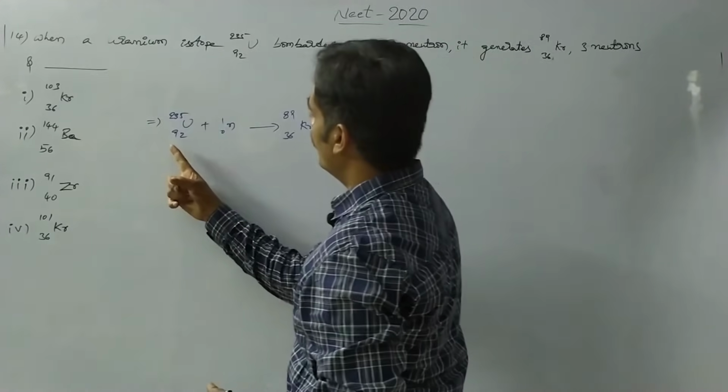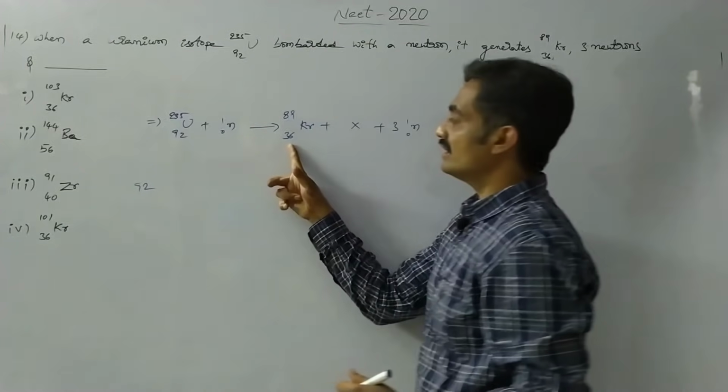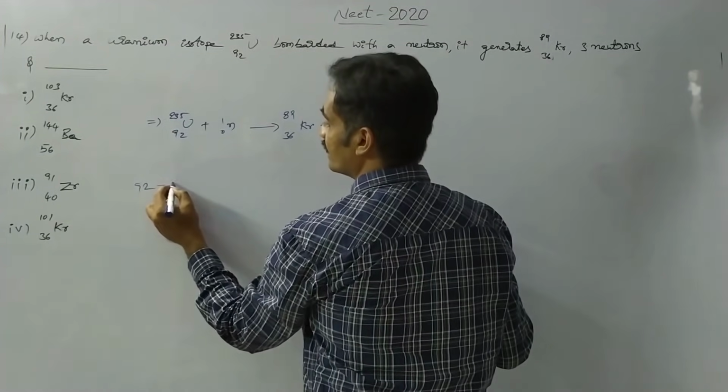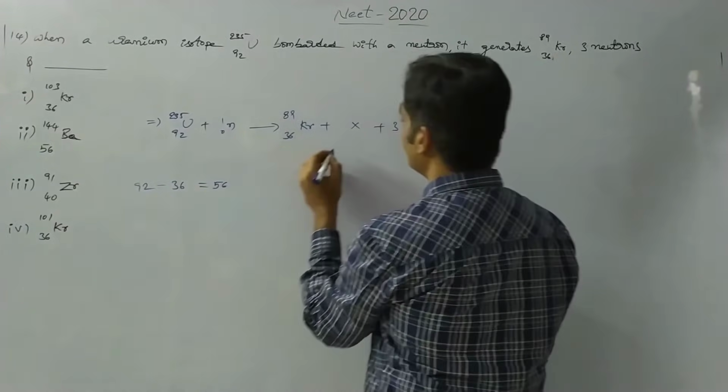Observe that here we have atomic number 92 and here we have 36. As we subtract 36 from 92 we get 56. So the element possesses atomic number 56.